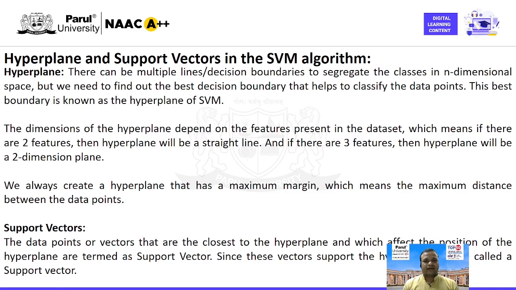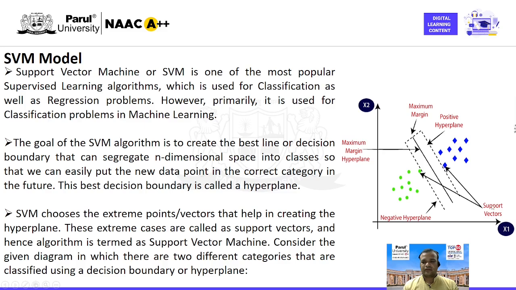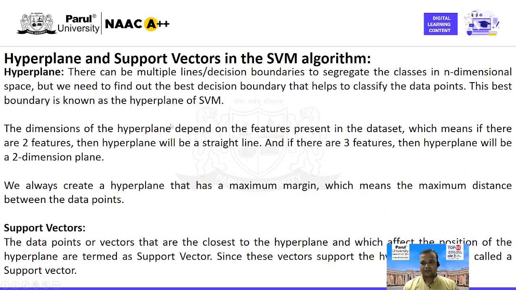Now, the hyperplane and support vectors in the SVM algorithm. We already discussed the hyperplane and support vectors in this diagram. There can be multiple lines, or decision boundaries, to segregate the classes in n-dimensional space, but we need to find the best decision boundary that helps to classify the data points. This best boundary is known as the hyperplane of the SVM.